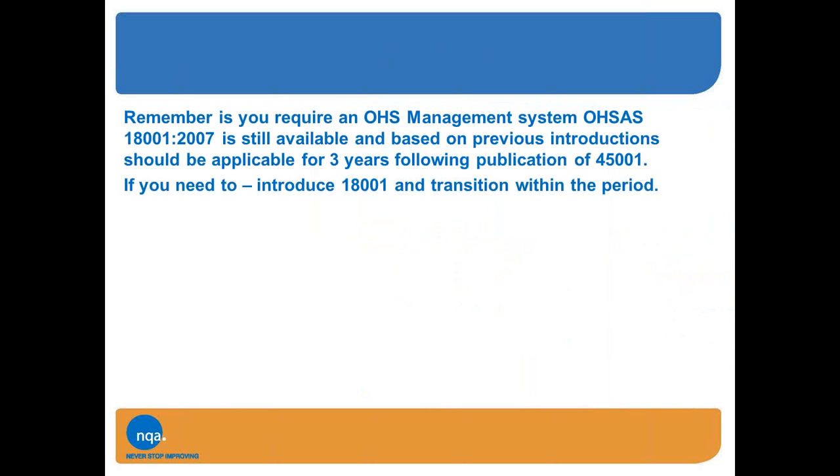So when ISO 45001 finally gets published, from that point on, we would expect to see a 3-year transition. Obviously, if you need a management system now, don't wait. Use 18001, and then at any time post-publication of 45001, you can make arrangements to transition up to the revised version of 45001 based on an effective 18001.